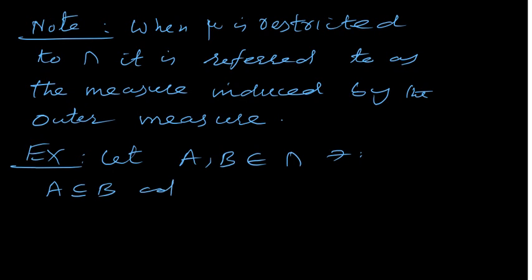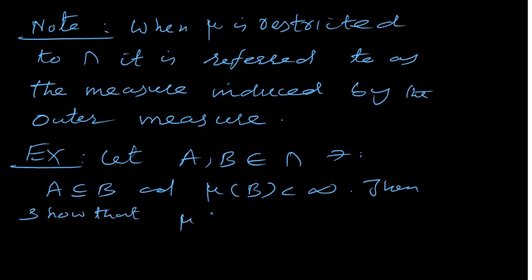So that means the measure of A is also finite, because of the monotone property. Then show that the measure of the bigger set minus the smaller set is equal to the difference of measures, measure of B minus measure of A. Measure of difference is equal to difference of measures.